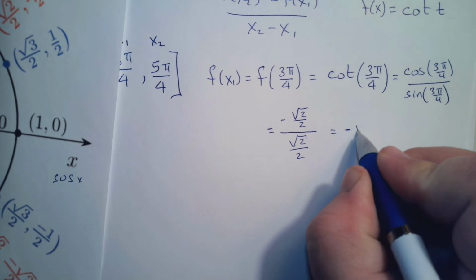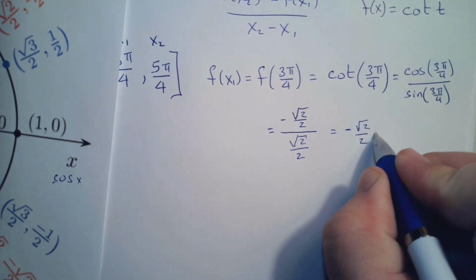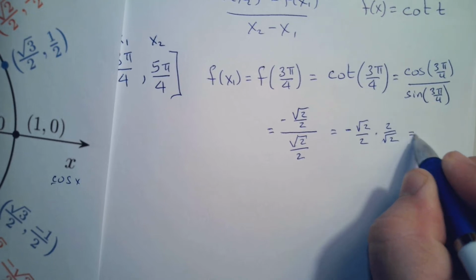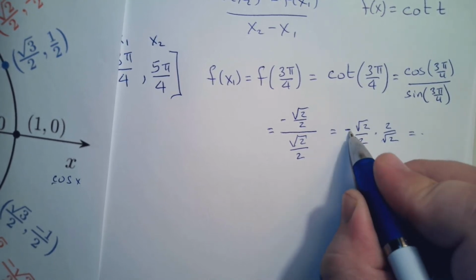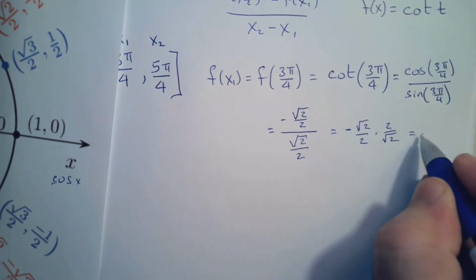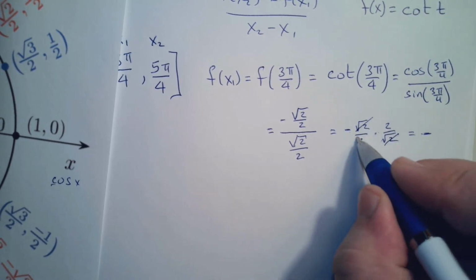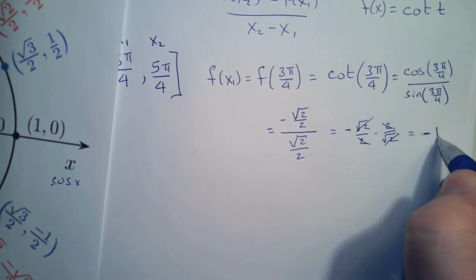Take the top, leave it alone. Flip the bottom and multiply. Negative times positive is negative. The square root 2's cancel, the 2's cancel, so it equals 1.